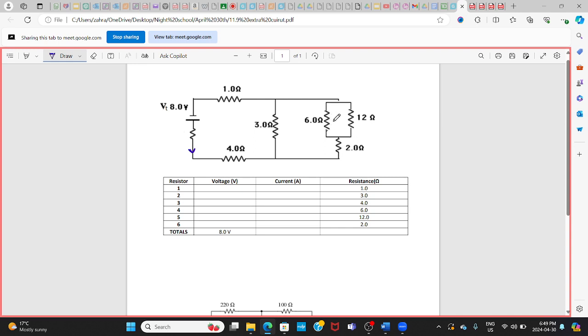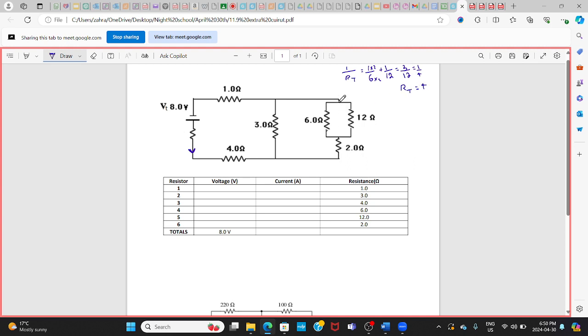For parallel, the rule is 1 over R total equals 1 over R1 plus 1 over R2. It is 1 over 6 plus 1 over 12. We need a common denominator, so you multiply by 2 and get 2 over 12. Sorry, 3 over 12, which is 1 over 4. You flip it to find R total, which is going to be 4.